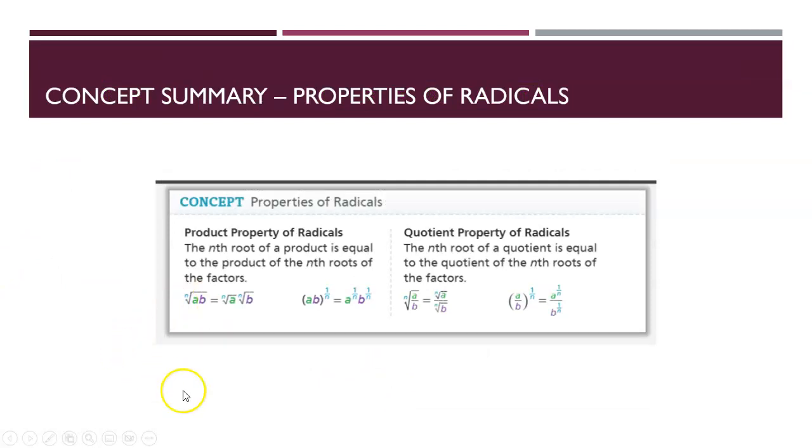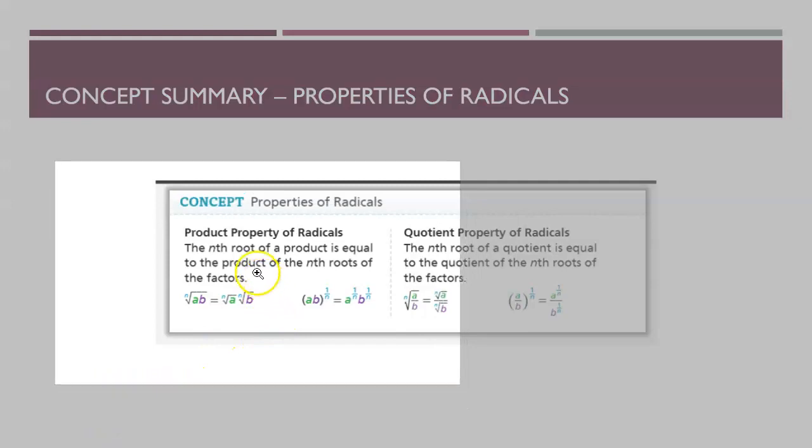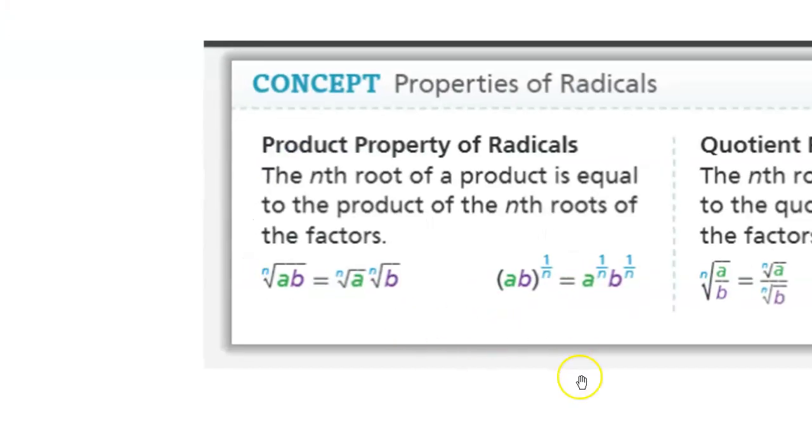And now let's look at these. These are different properties of radicals. Zoom in here. So here we have the product property, and we did a little bit of this the other day when we had situations like the 5th root of 32x to the 10th power, and we broke it up into 2 roots.